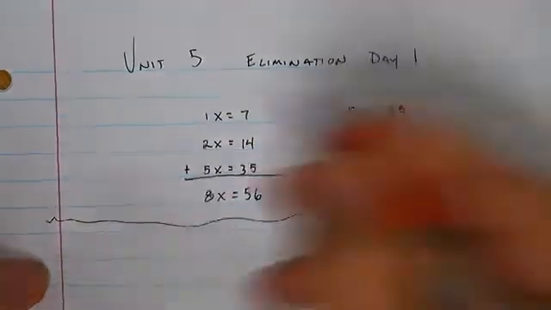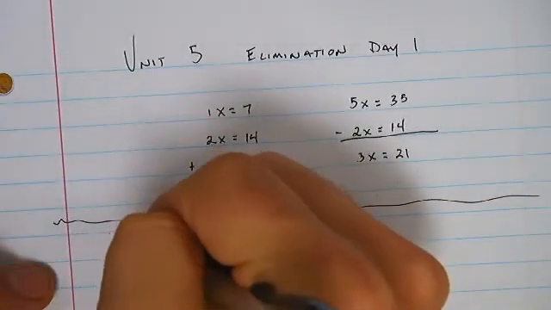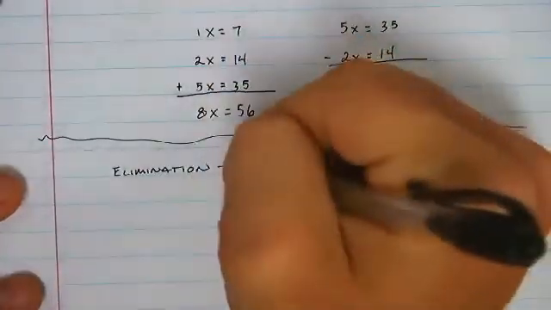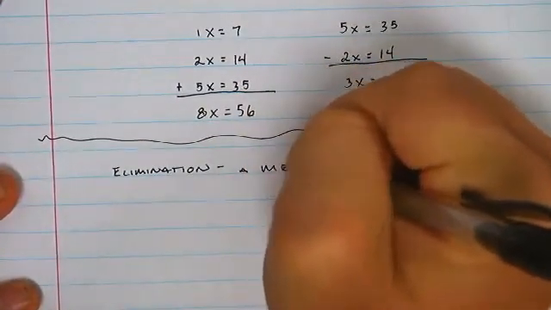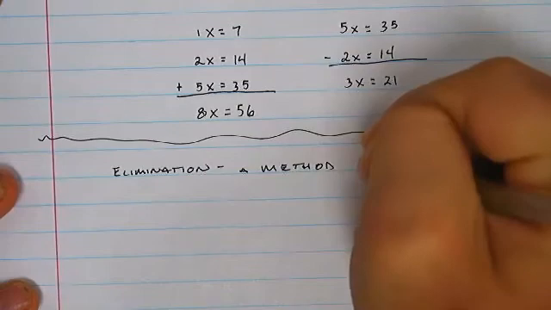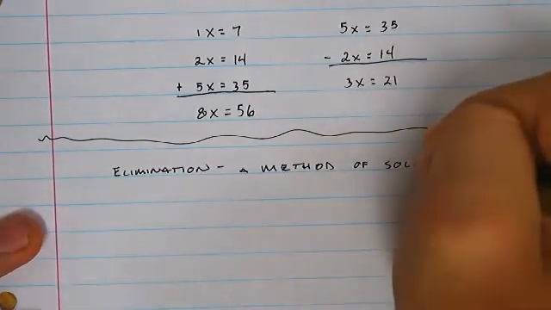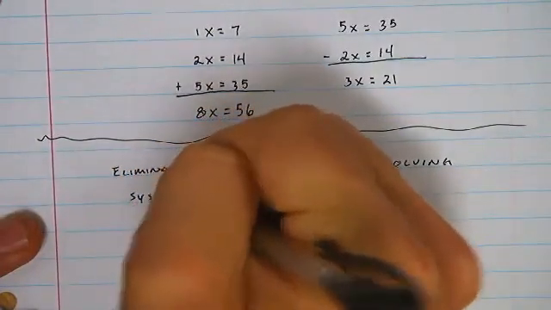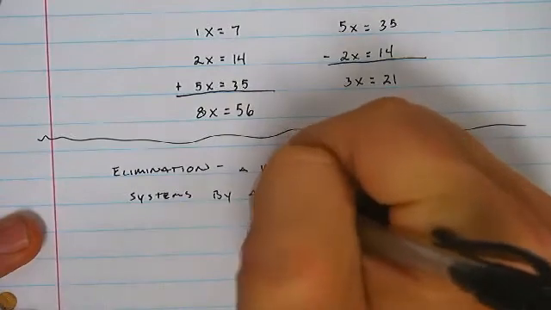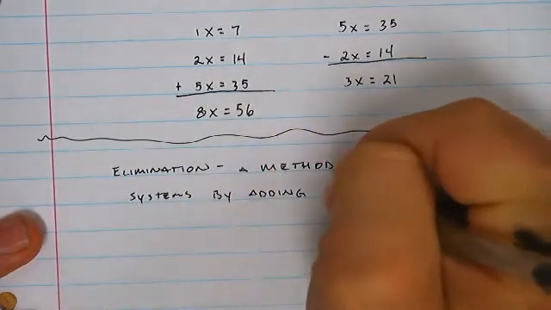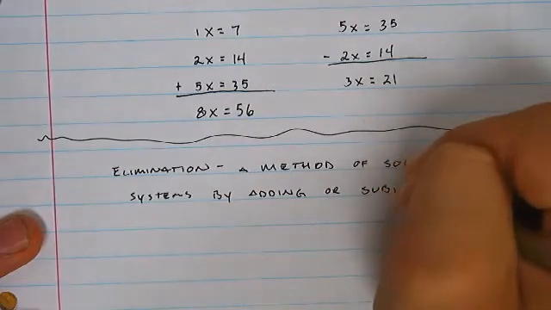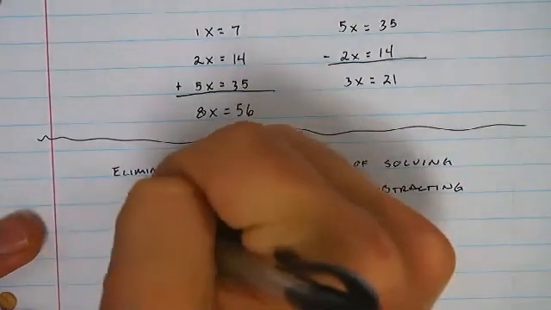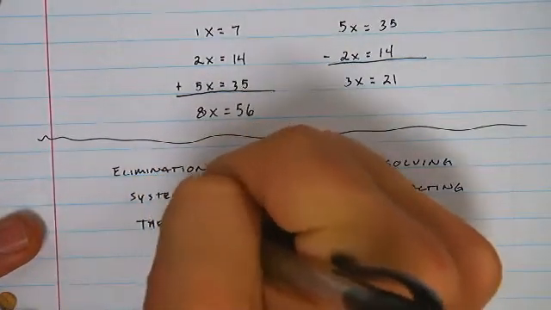Okay, so elimination is a method of solving systems by adding or subtracting the equations to isolate a variable.